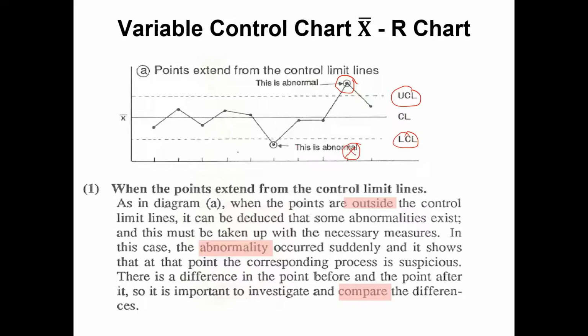If this is really the scenario observed from the control chart, it suggests that there's an abnormality occurring in the process, and the action required is that you need to compare what has been changed from the previous setting.